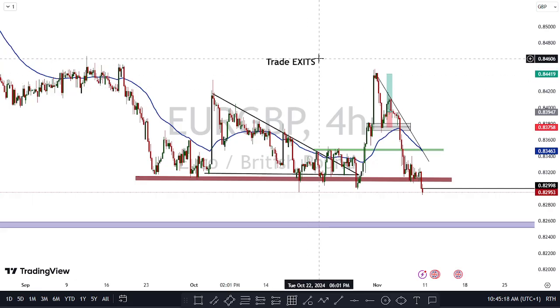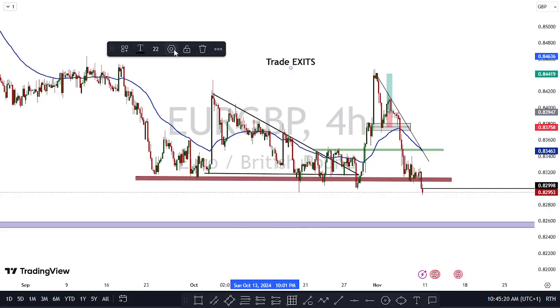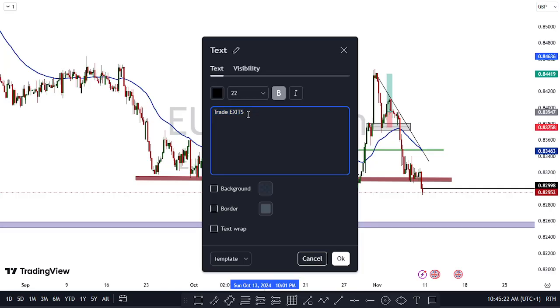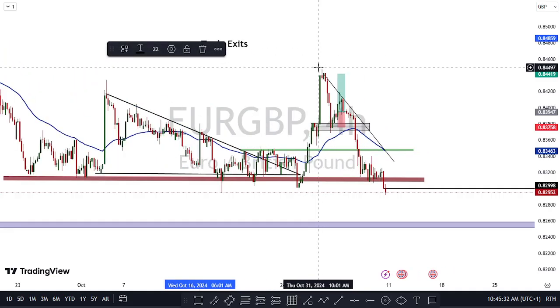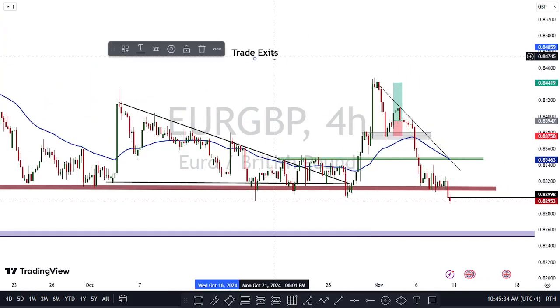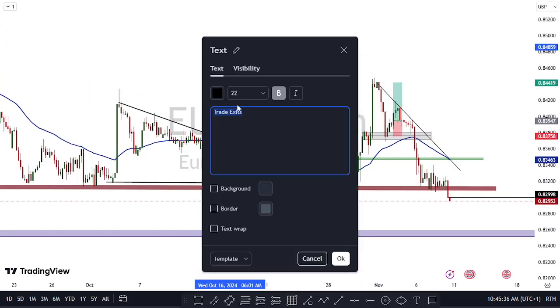Is that how to spell exit? Did I get it wrong? Wait a minute. It's because I'm using capital letters, it's looking wrong to my eye somehow. Exits, yeah, I think that's it. Trade exits, or I'll put it as how to exit a trade. I think that's how I put it.